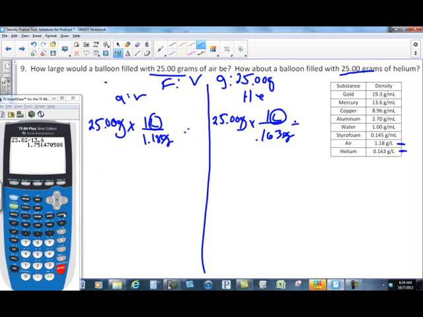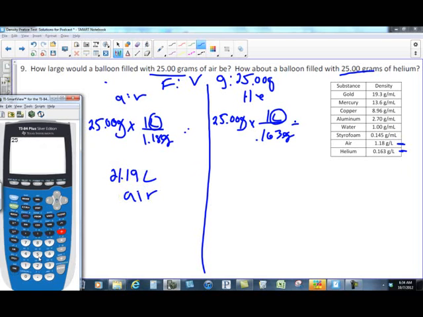So I have 25 divided by 1.18 equals, and I want 4 sig figs, right? 21.19 liters of air.